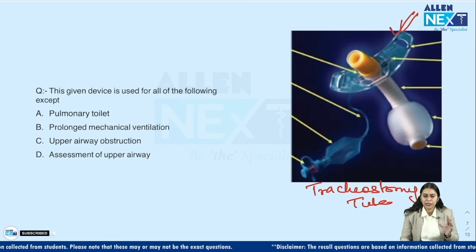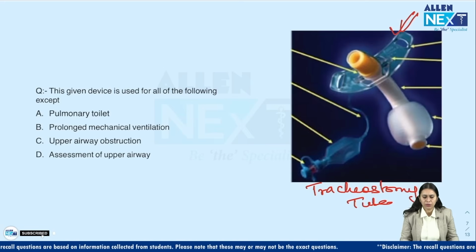Well, the indication of using tracheostomy tube is same as indication of using endotracheal tube. Right? Tracheostomy tube is also used for the same purpose, more or less. When we have to put a patient on prolonged mechanical ventilation, rather than keeping a patient on endotracheal tube, we do a tracheostomy, which would be beneficial for the patient in pulmonary toileting.